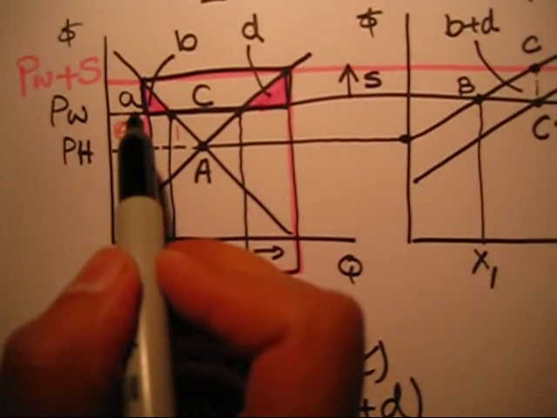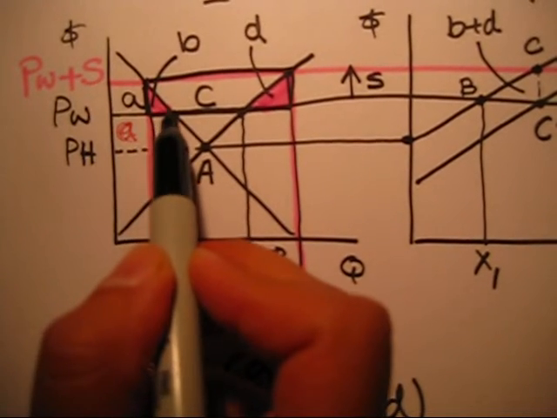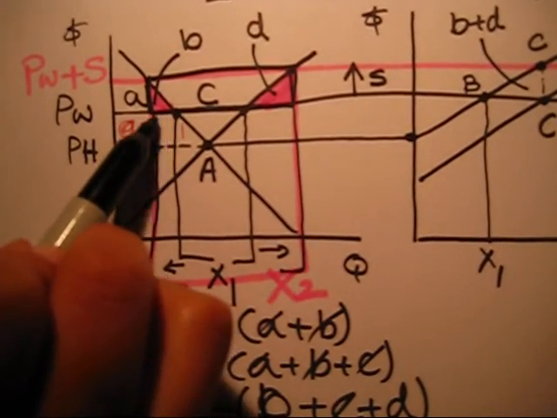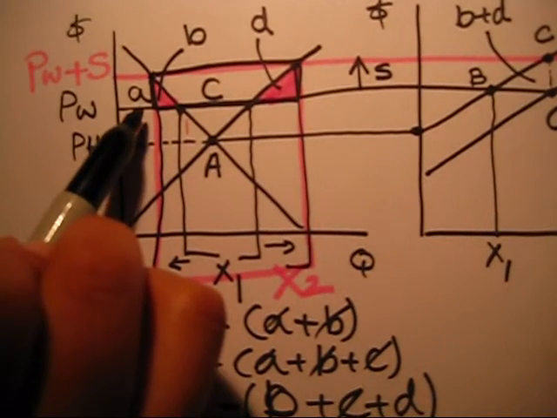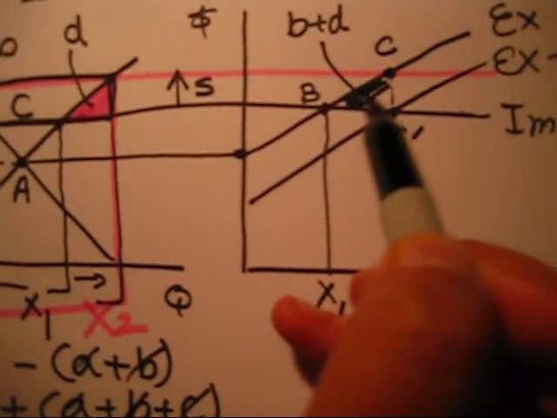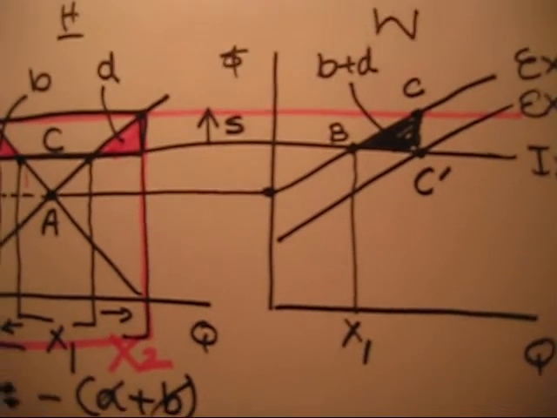And area B is the drop in consumer surplus, because when the price increases, the consumer is not able to afford this new price anymore, so the consumer decreases its demand. So this is the consumer loss for the economy. And this black triangle is the sum of both B and D. The only winners of subsidies are home producers. Therefore, the only reason why the government may want to use export subsidy is to increase home producers' welfare at the expense of consumers and the government itself.